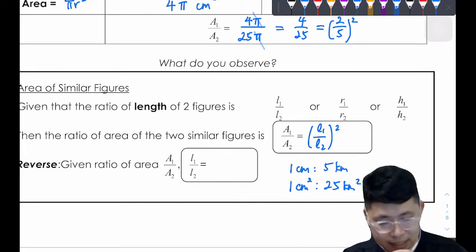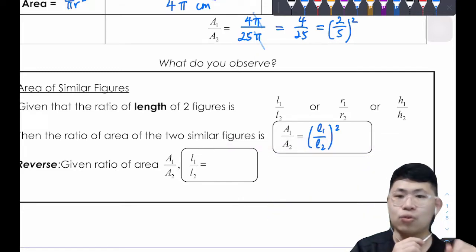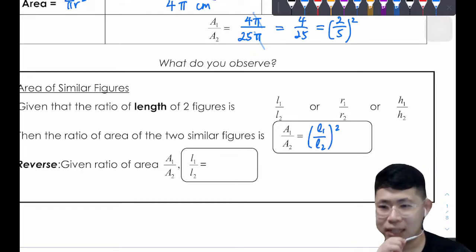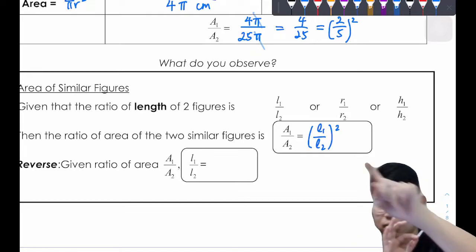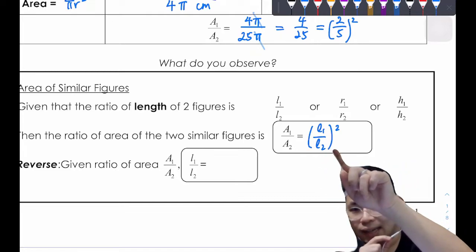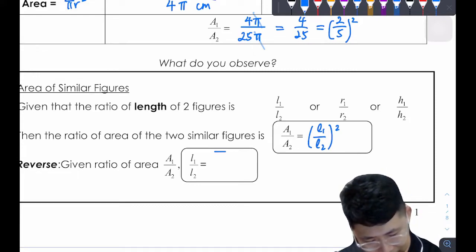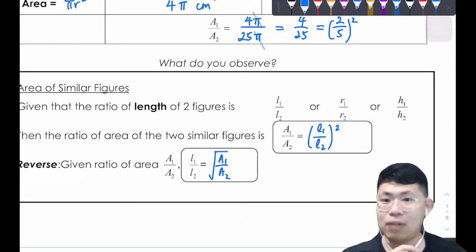So this is the full thing that we're going to do this year. When we have the ratio of the length squared, we get the ratio of the area. And in reverse, if you want the ratio of the length, we throw the square to the other side, so it gives us the ratio of the area square root, or power half.